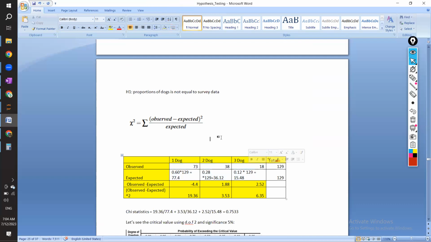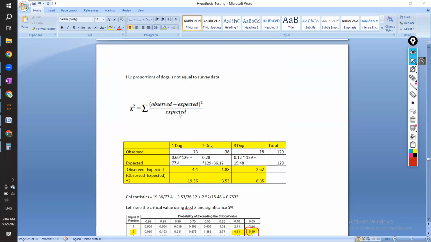Okay, and now if you want to put in the formula, you do observed minus expected. So 73 minus 77.4 is minus 4.4, 38 minus 36.2 is 1.8, 18 minus 15.4 is 2.6. Then you do the square of each of these. Once you do this, you divide that by the expected value.